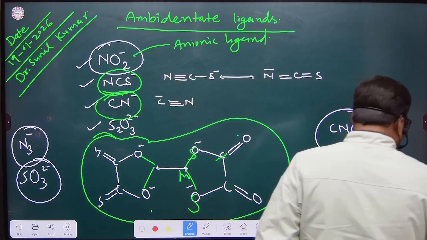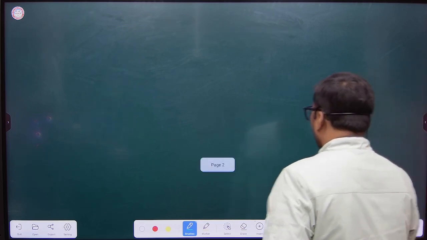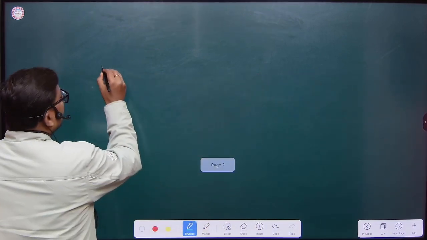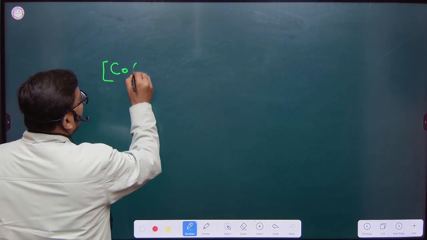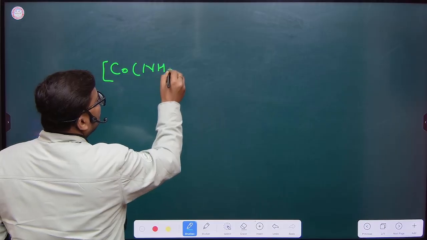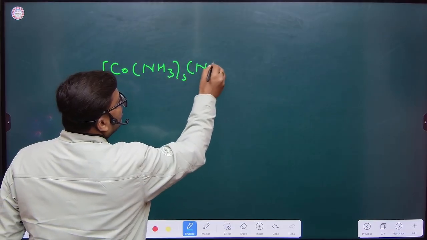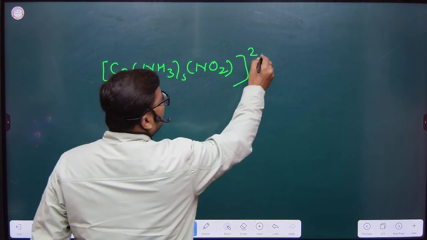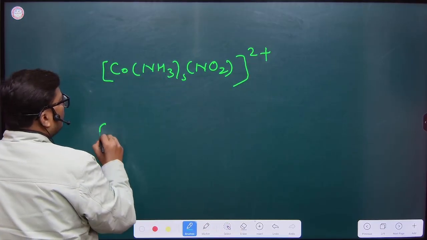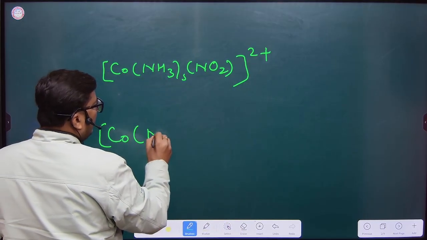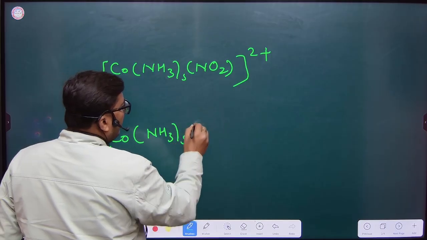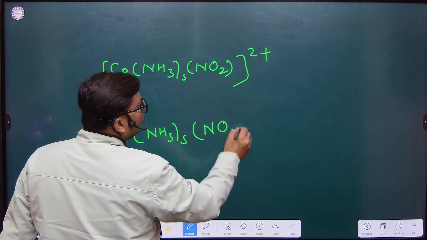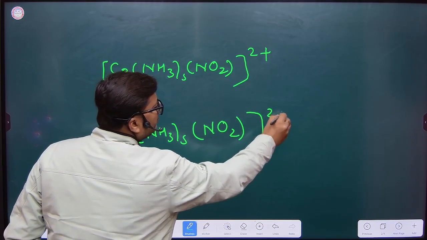Okay, so here I will give you one example that has different colors. Suppose we have cobalt with (NH3)5 and another ligand NO2, right? So here 2 plus, and another one, Co(NH3)5 with NO2, here also 2 plus.